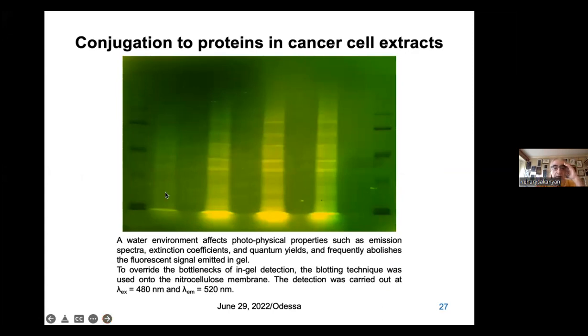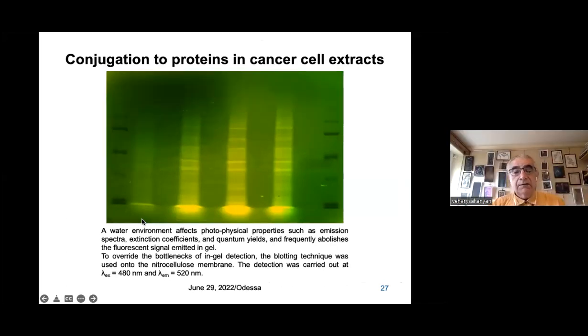We wanted to show that compounds are able to bind to different proteins, because we have preliminary results indicating that. But it cannot be done in the gel itself because of different effects related to the inactivation of the fluorescence, such as extinction coefficients, quantum yields, emission spectrum, and so on.